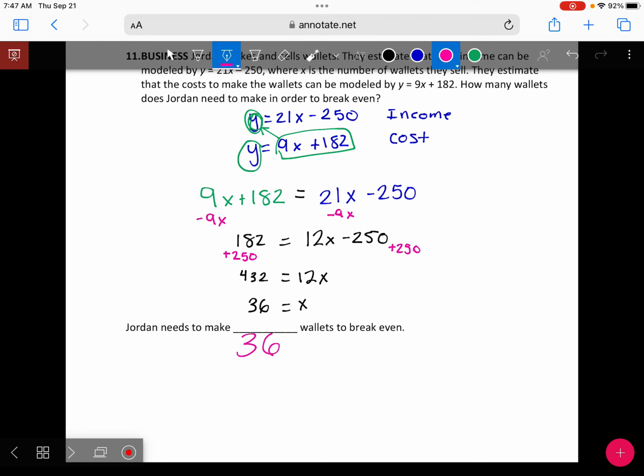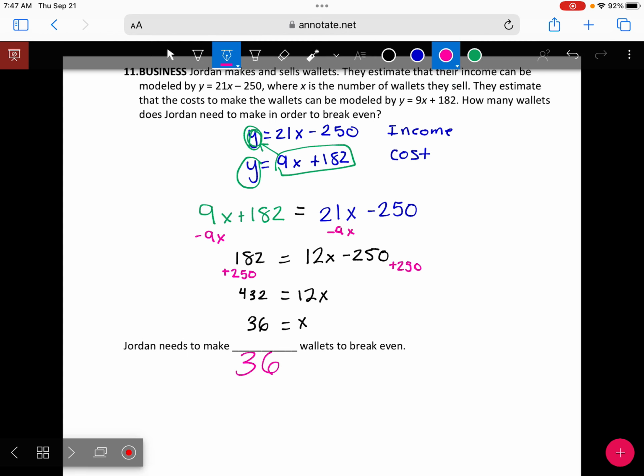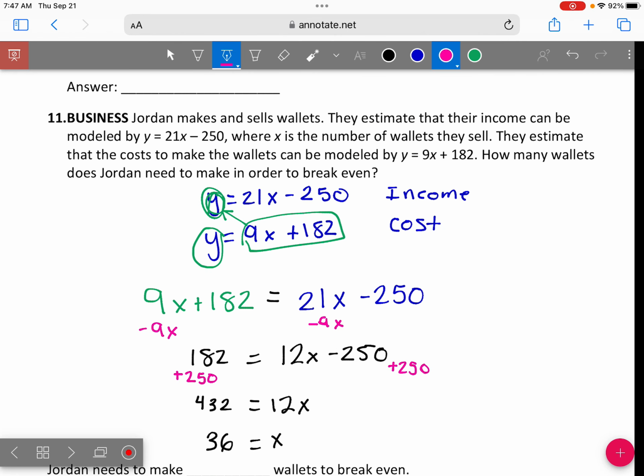After 36 wallets, he's turned a profit. It seems low for a craft business, but that's okay. So these ones where we have 2 y equals feel awkward, but it's the exact same process. It's substitution.